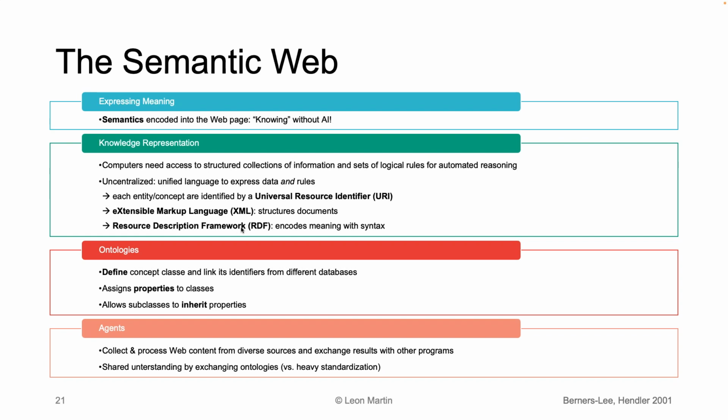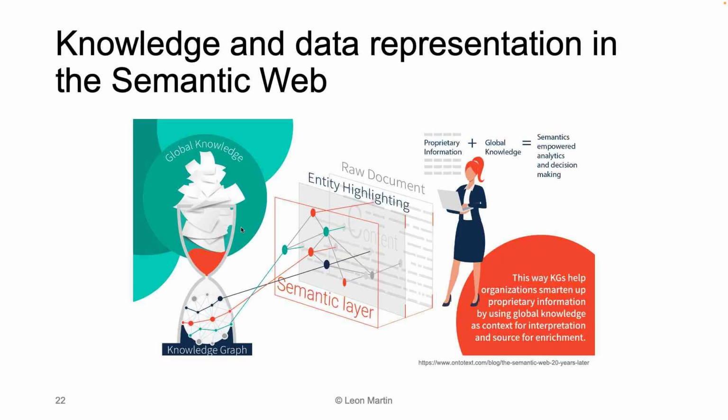All right. So how can we represent this knowledge inside the semantic web? I already talked about those documents. They're raw documents in a specific format, and we can use so-called entity highlighting or entity recognition software to link data points, sets of strings or values, to defined concepts in the so-called semantic layer.